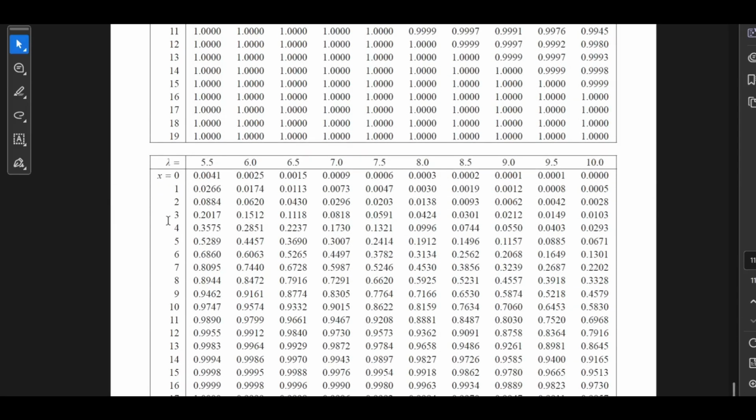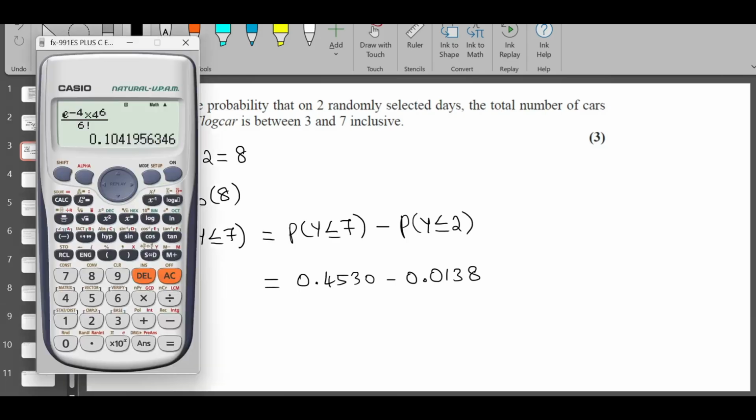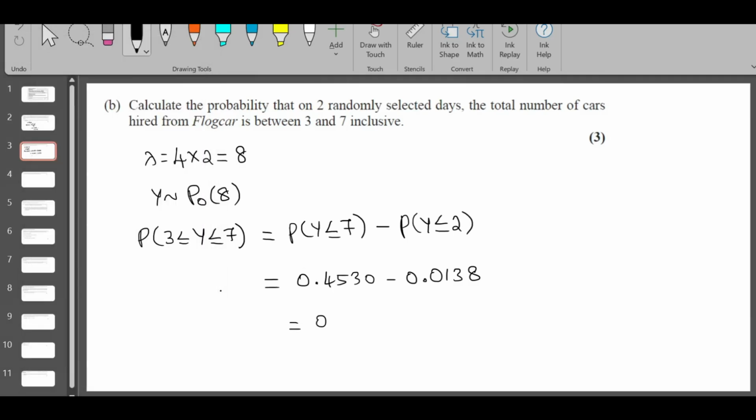Lambda is 8, x is 2: 0.0138. x is 7: 0.4530. So 0.4530 minus 0.0138 gives 0.4392. That is the answer.